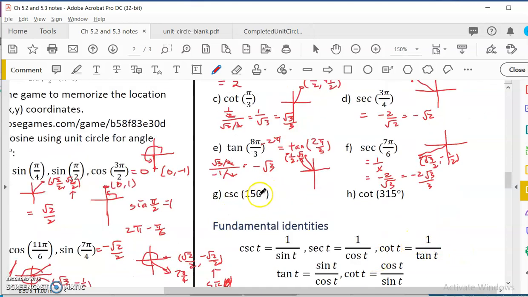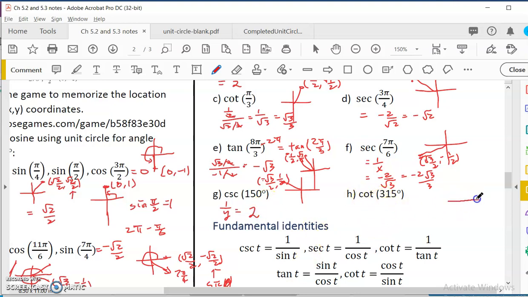Cosecant, go back to degrees, 150. Do you know where 150 is? It's here, right? It's 180 minus 30. So it has the same coordinate as 30, except for sine. What are the two numbers? This one is root 3 over 2, so it is negative root 3 over 2, 1/2. I want cosecant, which is 1 over y, equal to 2, right?